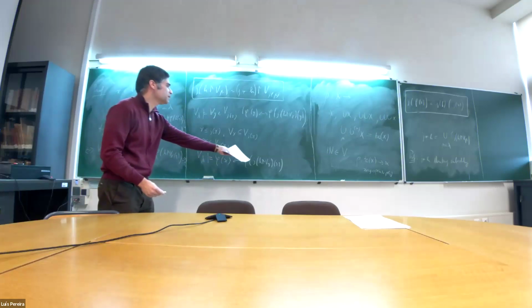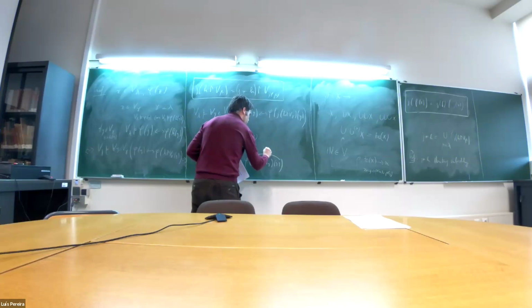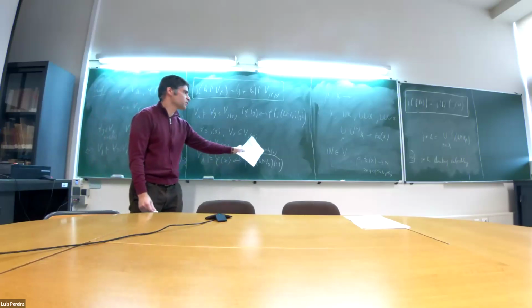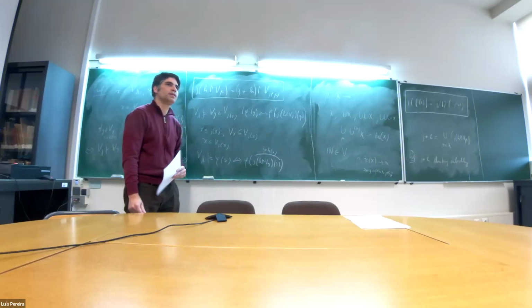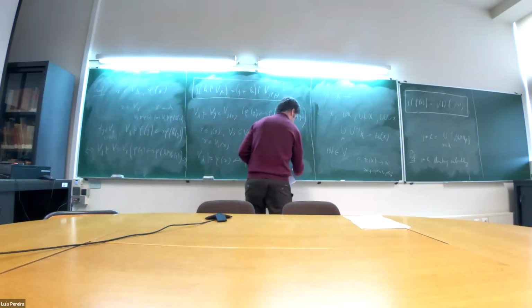But what's this? This is J star H of x. So V lambda satisfies a formula about x if and only if it satisfies the same formula about the image under J star H. And this is the proof.